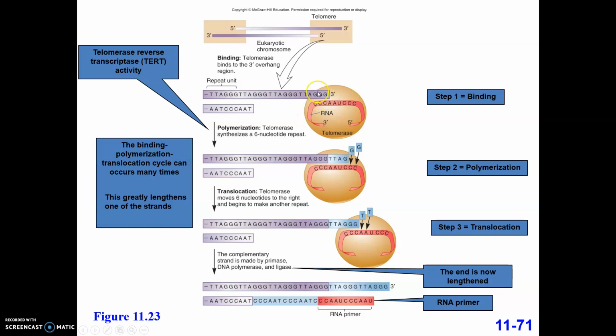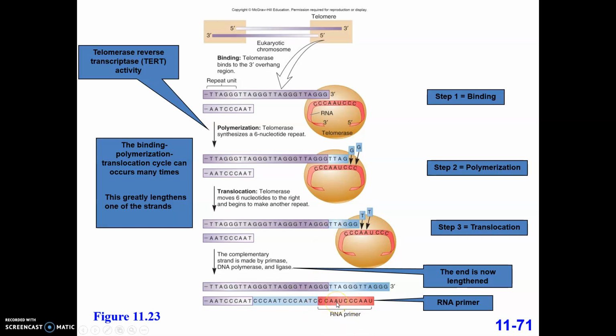So it will bind to the 3' end. It will add on nucleotides to the end, and this can happen over and over and over again. So here we've added on here. We just shift it over, add on more, shift it over, add on more.